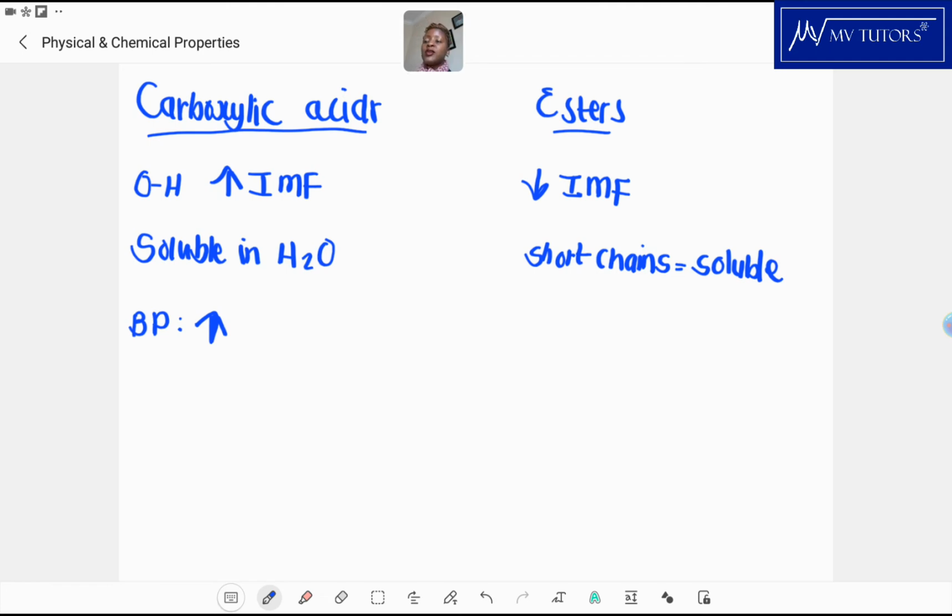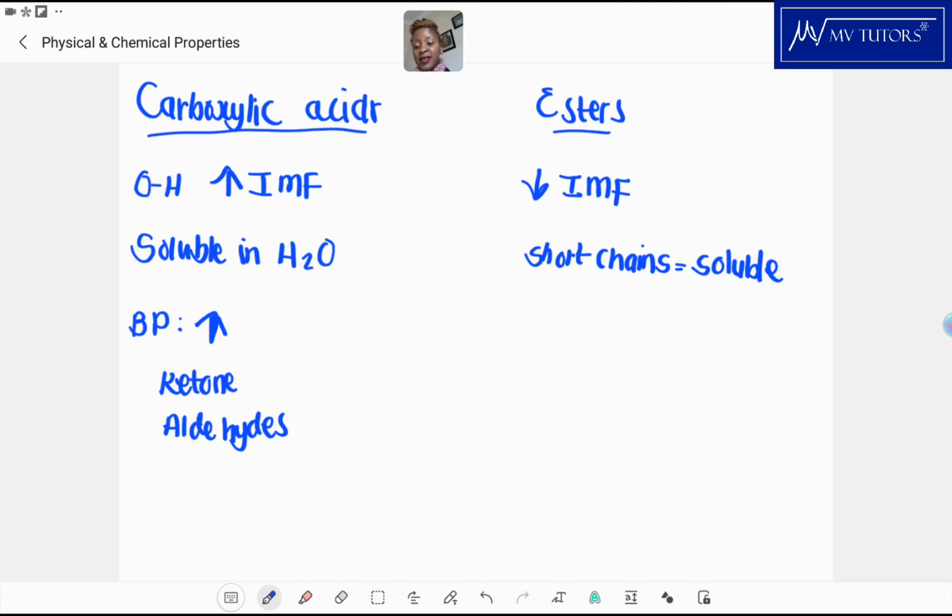So if you're to compare boiling points of your ketones, your aldehydes, as well as your carboxylic acids, but with them having the same molecular mass, then yes, you do get similar boiling points. All right.